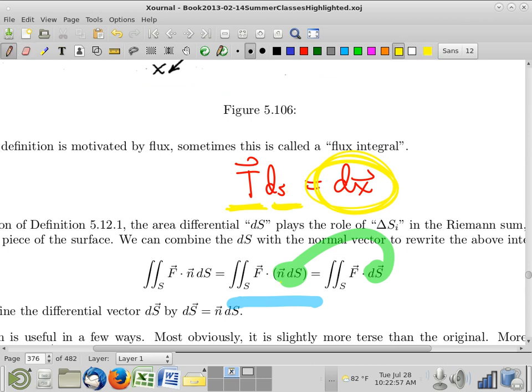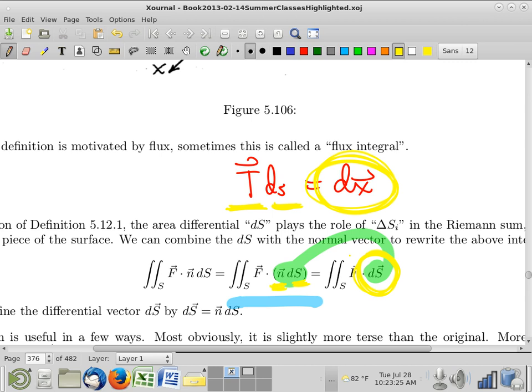Likewise, here, orientation of the piece of surface, size of the piece of surface, and therefore this thing, what I'm calling the ds vector, tells you everything you could want to know about that little piece of surface. So this is a vector surface integral analog of the dx vector from vector line integrals.